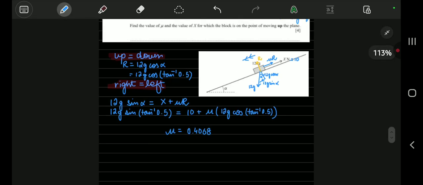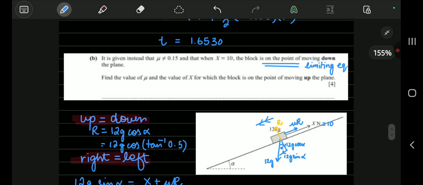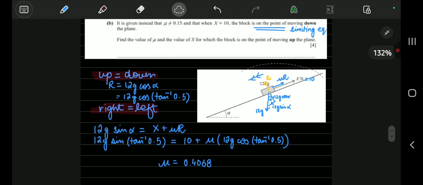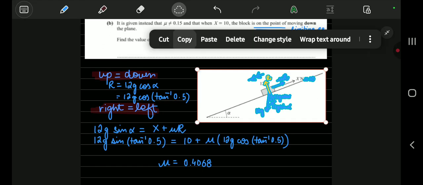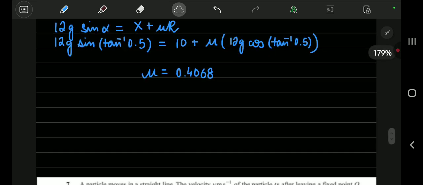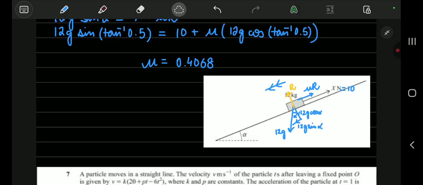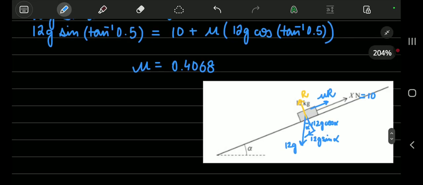Now this was just to get the value of mu. Actually we need the value of mu and x for which the block is on the point of moving up. So mu will be the same for the limiting equilibrium even if it is about to move up or about to move down. So we're using the same mu to find the value of x if it is about to move up.